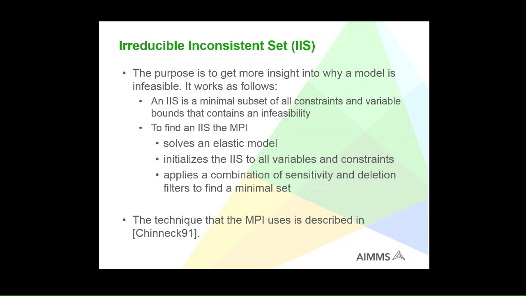It solves an elastic model, meaning it adds slack variables to everything, and then it has some logic in there to find a minimal set. If you're more interested in precisely how that is calculated, there's a reference at the end of my presentation containing the detailed way of how that is calculated.